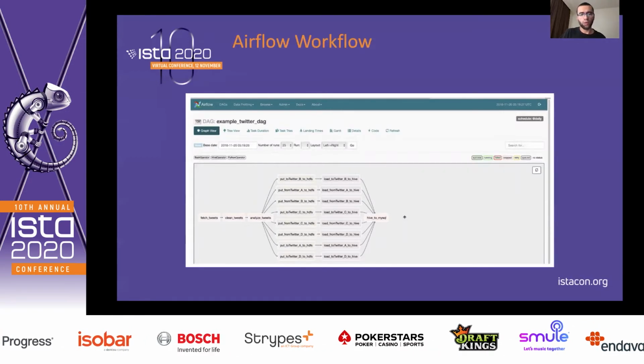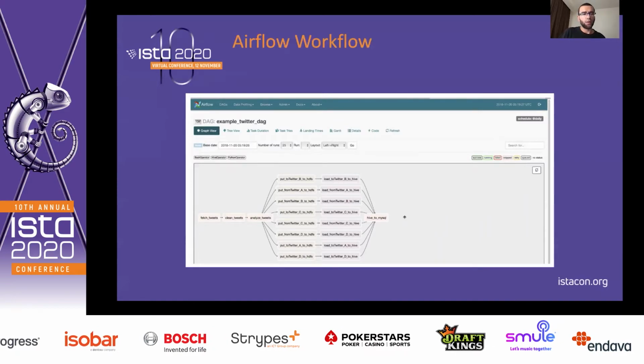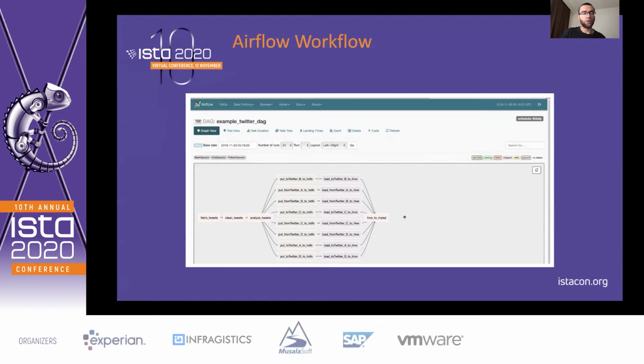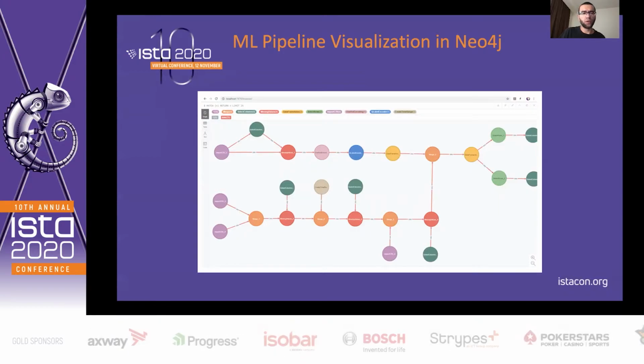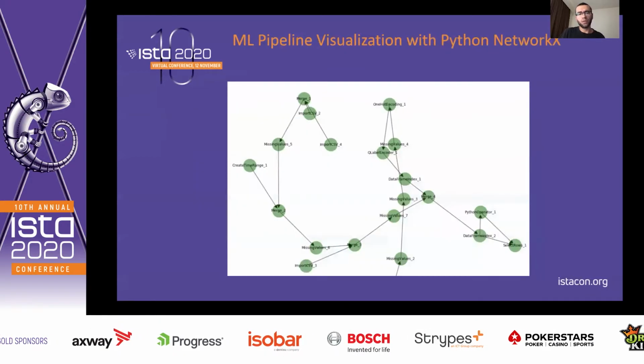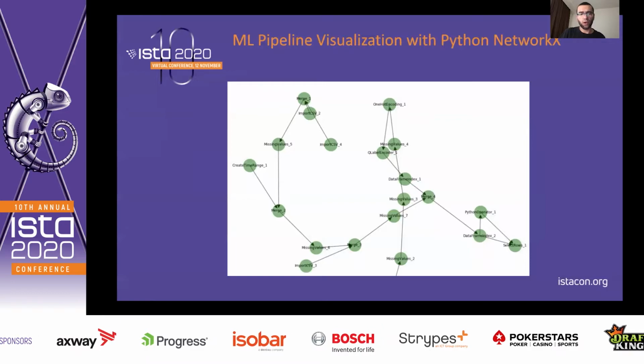I will show different tools and different ways to visualize. So this is in Airflow. In my previous work experiences, I have tried visualizing also in Neo4j, and with the Python package networkx.